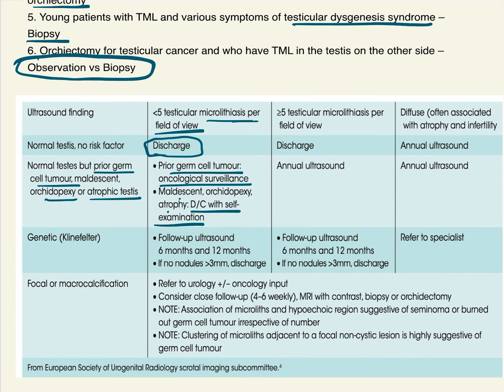In cases of genetic syndromes like Klinefelter and McCune-Albright syndrome, the follow-up ultrasound is advised at 6 months and 12 months. If there are no nodules more than 3 mm, the patient can be straightaway discharged.